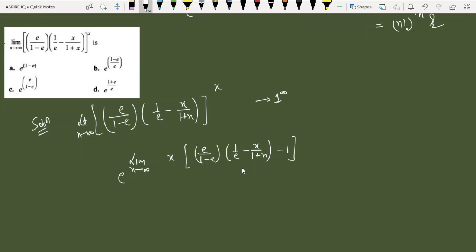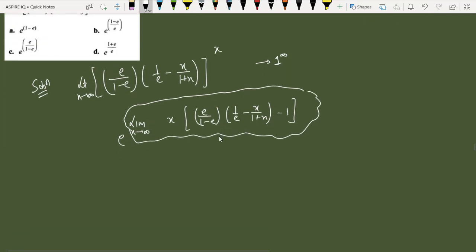Okay, just multiply it. I'm just solving this part, and then finally we will put it in the power of the exponential. So let's say limit x tends to infinity of x times (e to the power of ... minus 1), right?